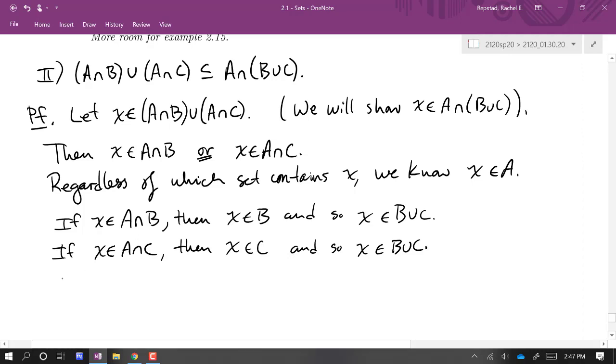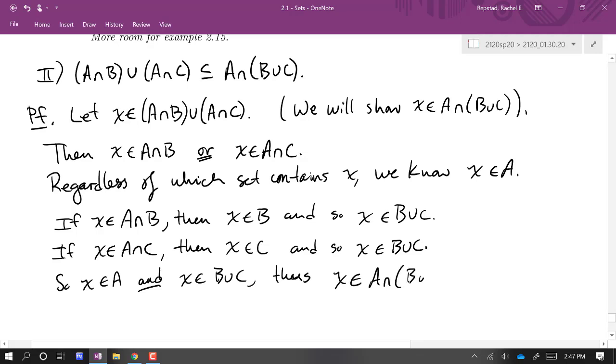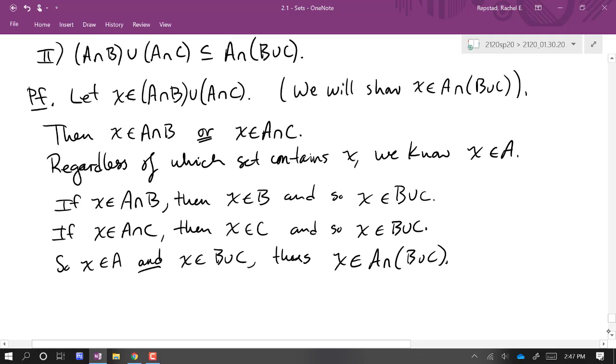So X is in A and X is in B union C. And what does that mean? Where does it live? It lives in A intersect B union C. And now that allows us to conclude this part of the proof.